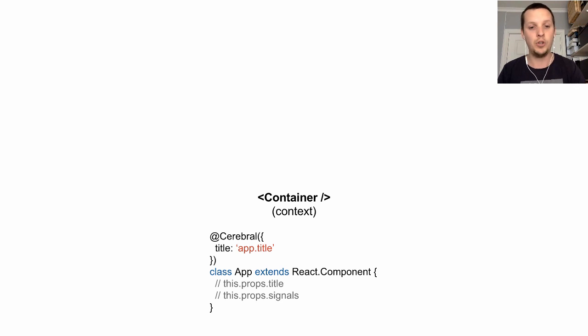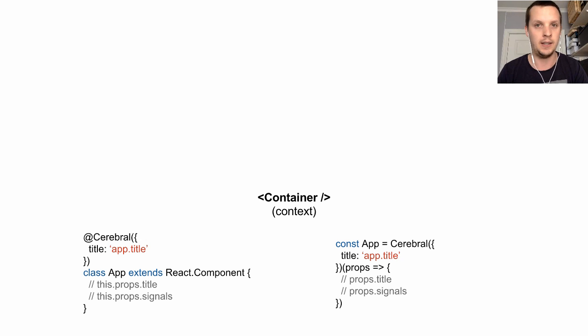So for example, you would have a Cerebral component where you use the Cerebral decorator, you define what state it is interested in, and that becomes available on the props object of that component. But also the signals are exposed. You can also use a stateless component instead.